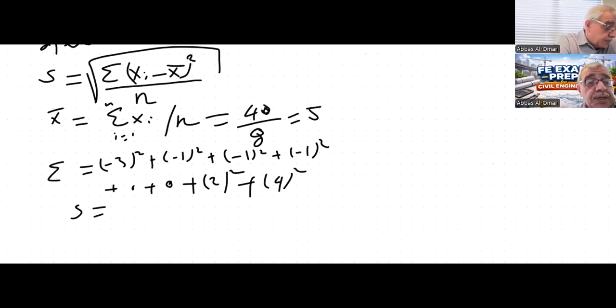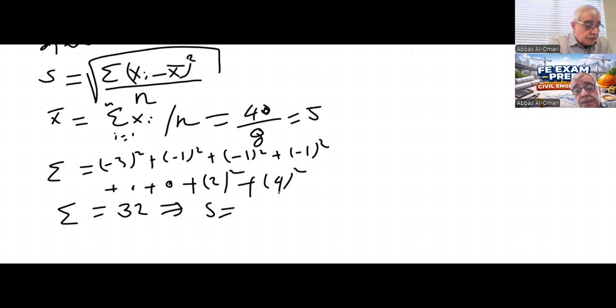So the summation sigma equals 9 plus 1, 10, 11, 12, plus 4, 16, plus 16, so we have 32. So the standard deviation equals 32 divided by 8, which is n, square root.